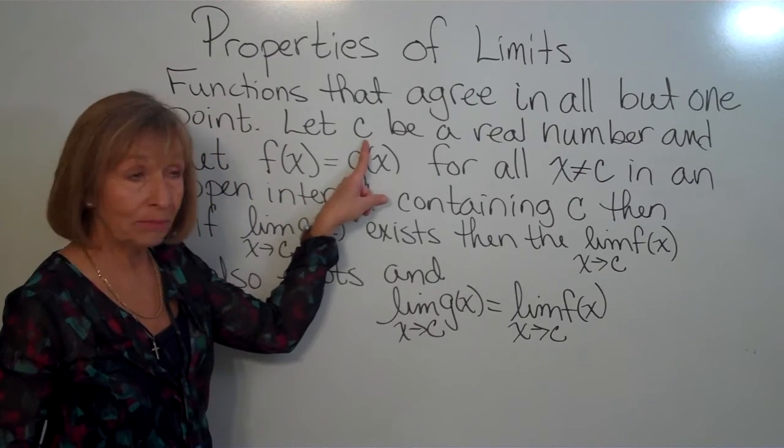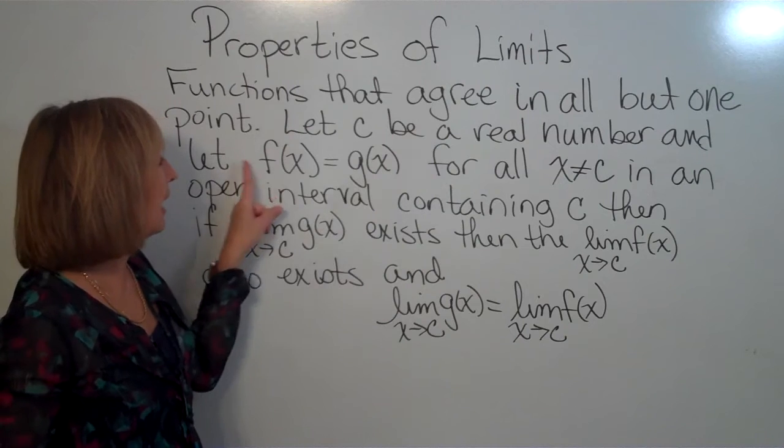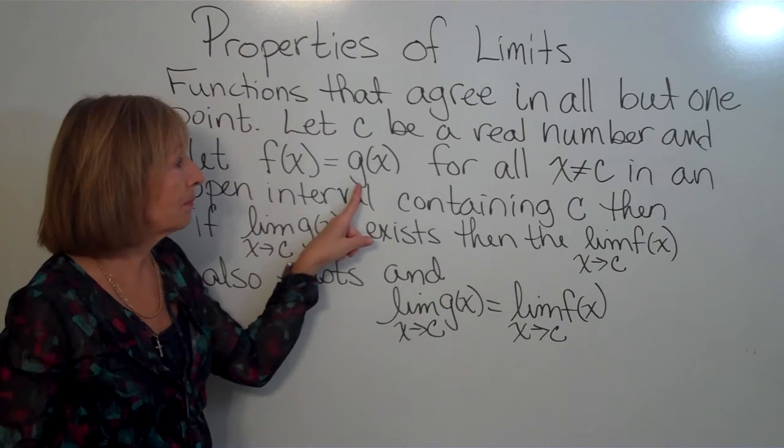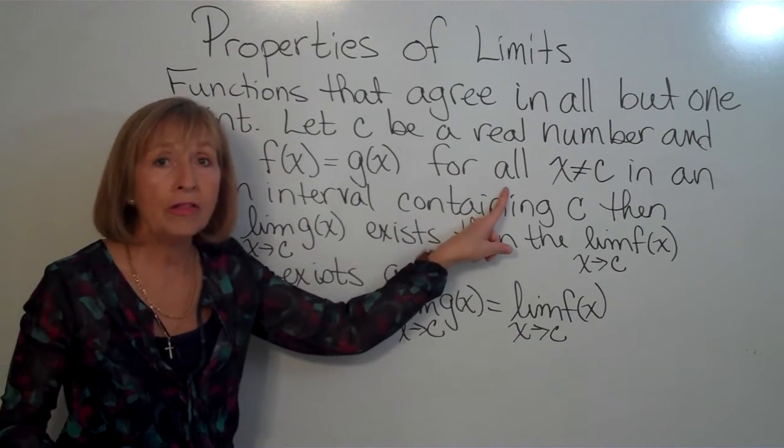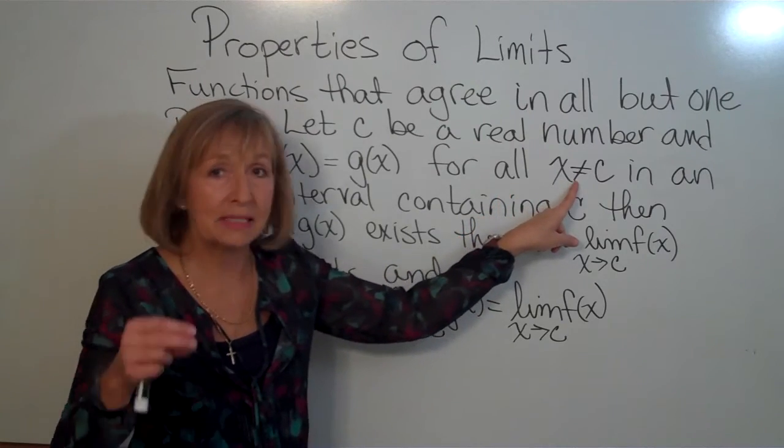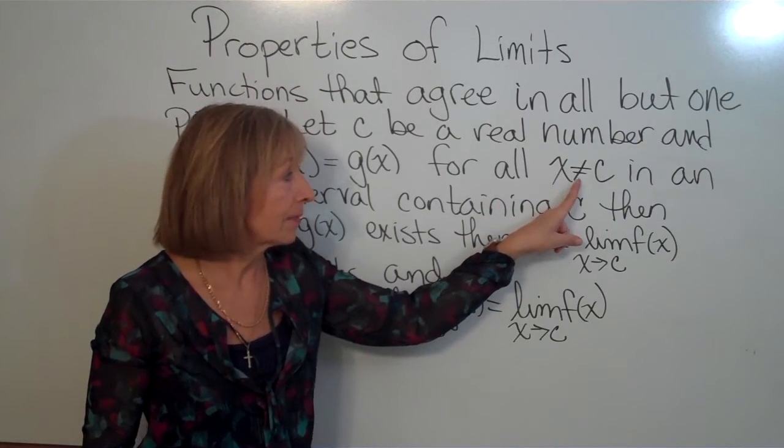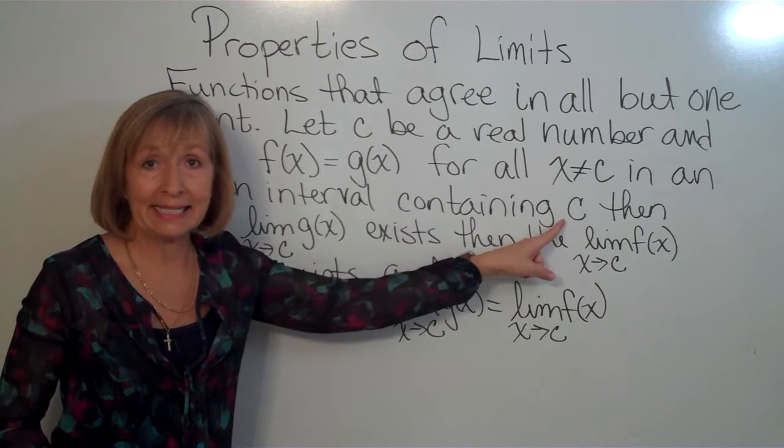So let c be a real number and let f of x and g of x be equal for all the x's in an interval except smack dab on c in that open interval containing c.